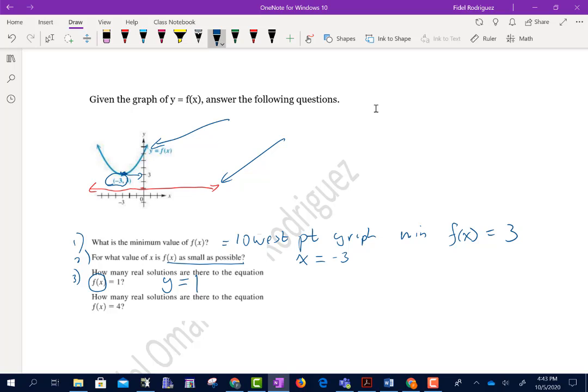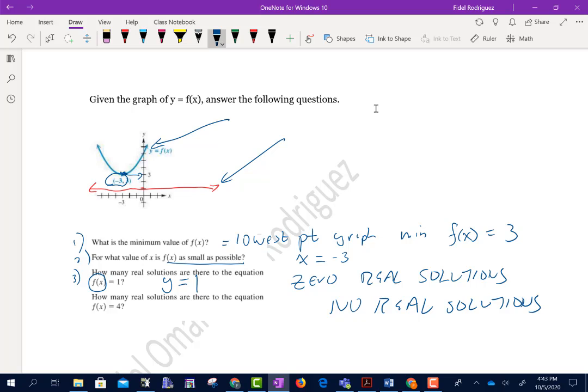So how many real solutions are there? 0 real solutions, because the question is asking me for real solutions. Or I might say no real solutions, right? Those two things mean the same thing.